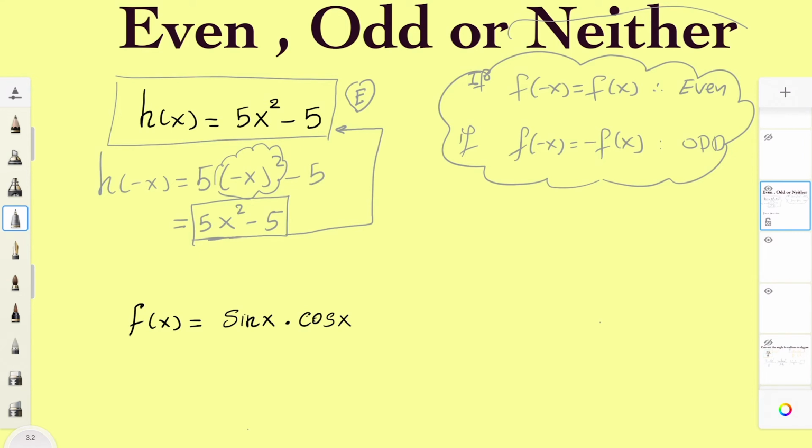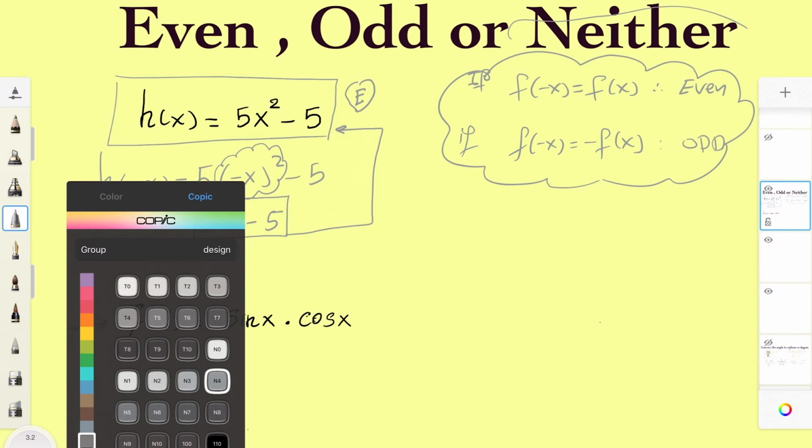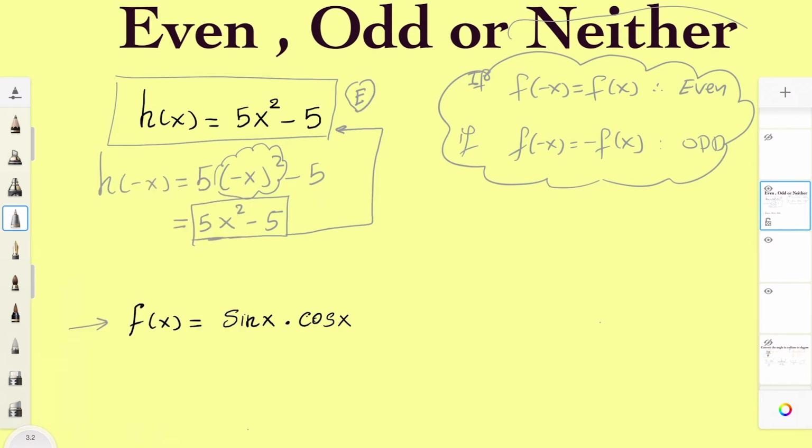We have f of x equal to sine of x multiplied by cosine of x. In order to answer even, odd, or neither, we need to calculate f of negative x. F of negative x will be equal to sine of negative x multiplied by cosine of negative x.